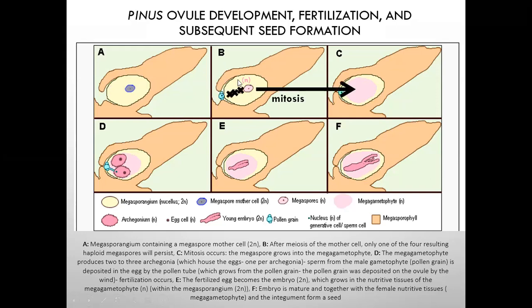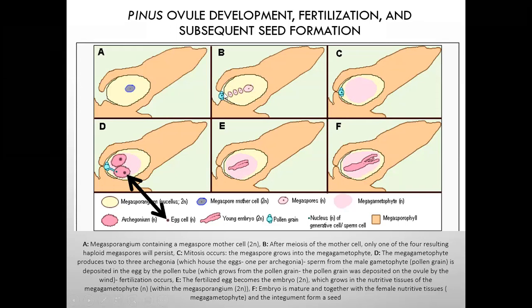Then through mitosis, that 1 surviving haploid megaspore will grow into the megagametophyte. The megagametophyte will then produce 2 to 3 archegonia here, which are going to house our eggs. Remember, there's 1 egg per archegonia.